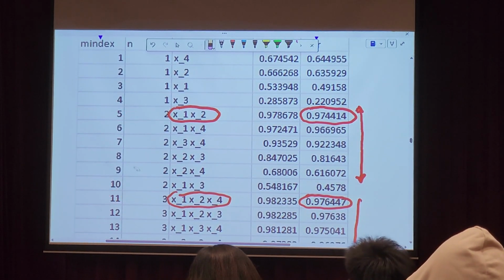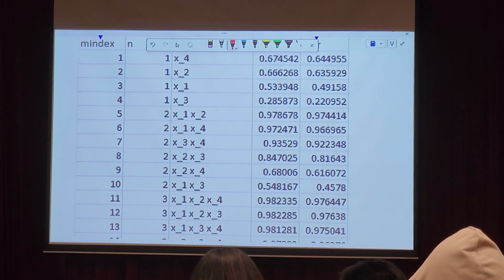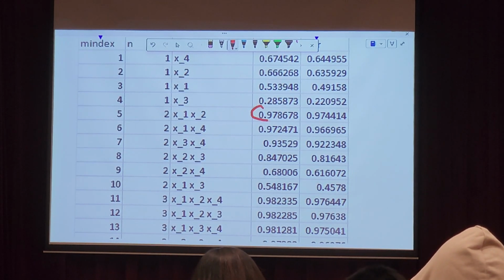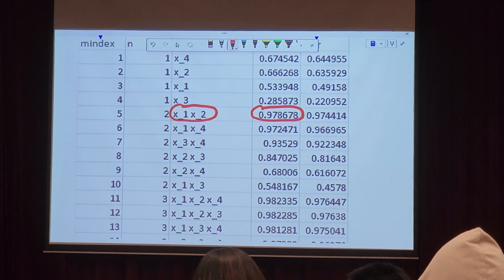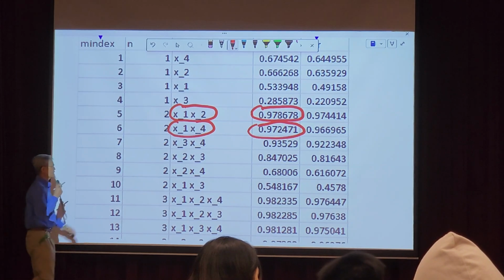Let me erase all this. So let's look at x1 and x2. The other one is x1 and x4. Forward selection gives us this.